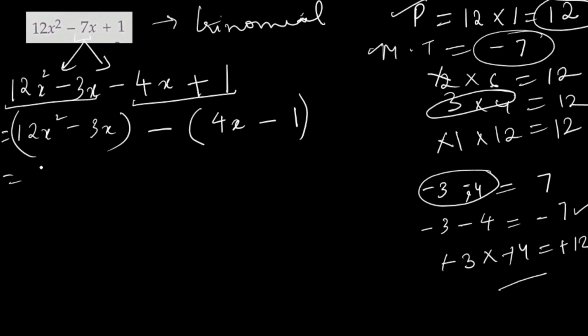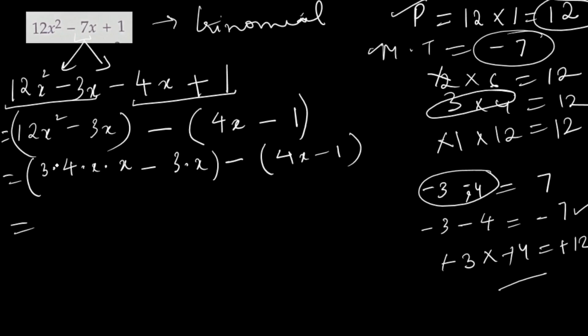Each group we can factorize. So 12x square we can write as 3 into 4 into x, and minus 3x as it is, we can write 3 into x, minus as it is, then 4x minus 1. Here 3 is common because 3 is present in both the terms, and x is also common. So in the first expression 3x is common.